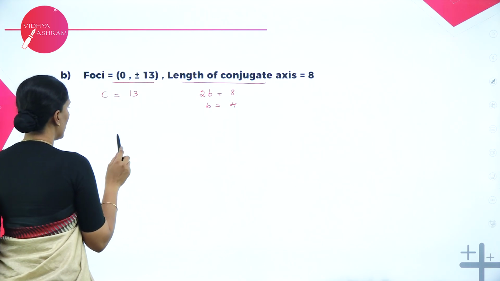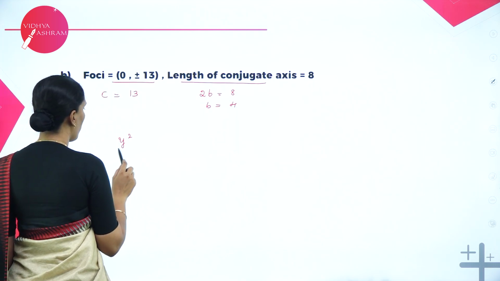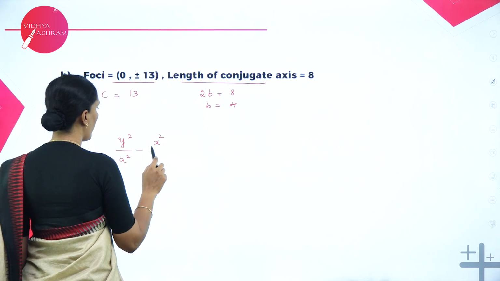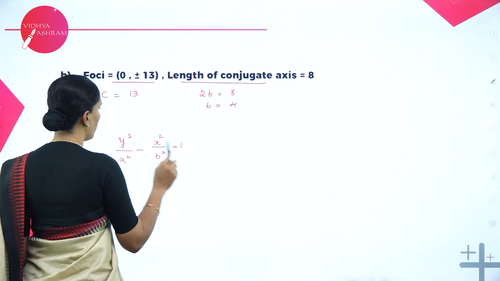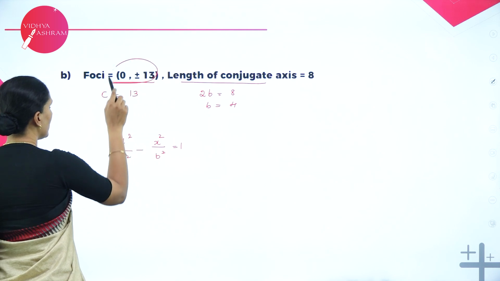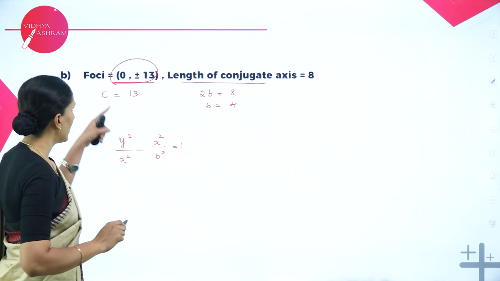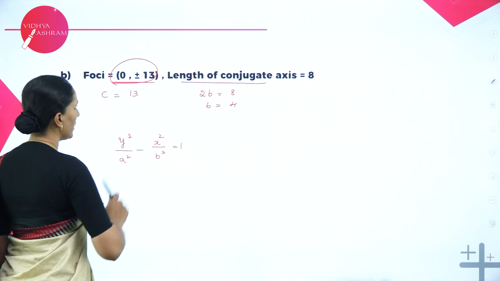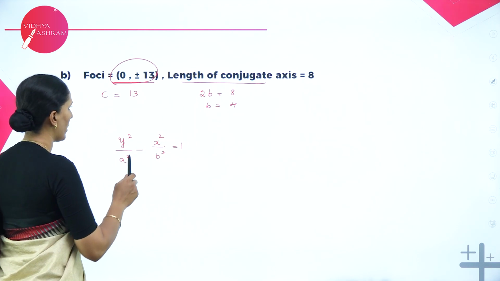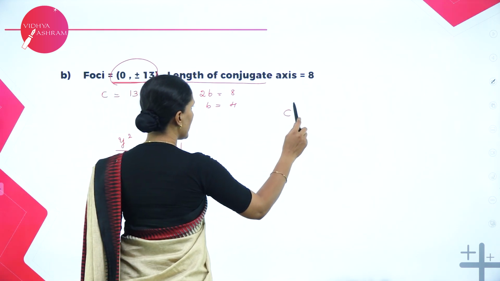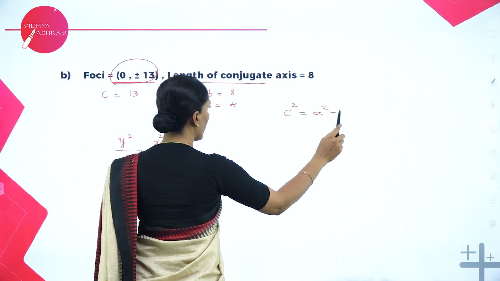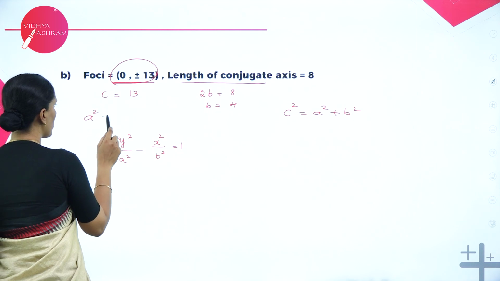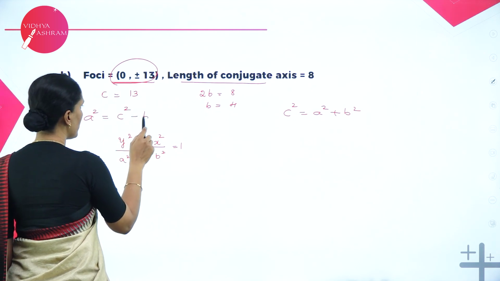So now the standard equation will be of the form y square by a square minus x square by b square is equal to 1. Because looking at the foci coordinate, the transverse axis is along y-axis. So now here we need to find out the value of a square. Since we know the relation c square is equal to a square plus b square, we need to find out the value of a square, which can be written as c square minus b square.